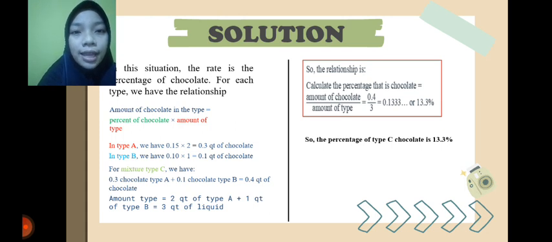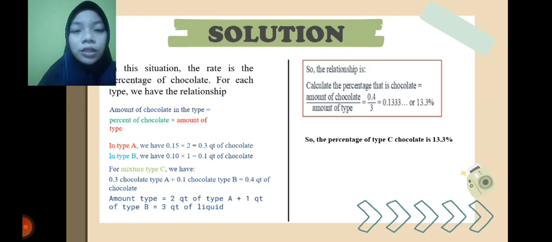In type B, we have 0.10 times 1 equals 0.1 quart of chocolate. For mixture type C, we have 0.3 chocolate from type A plus 0.1 chocolate from type B equals 0.4 quart of chocolate.